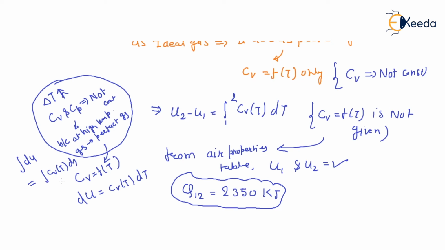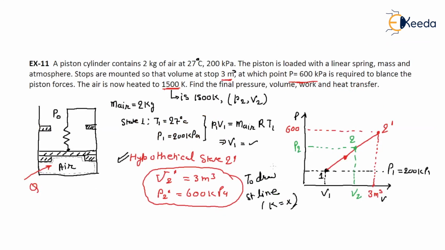That means you require a functional relation, so in the question generally it is not given. So you go through the table, right? And you find U1 and U2, and you find T2, right?